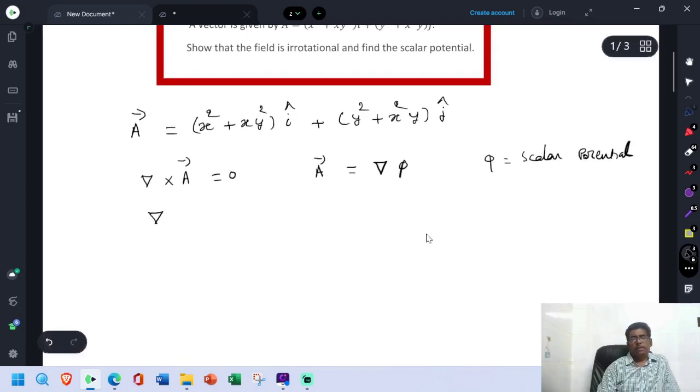Del cross grad pi equal to 0. From these two conditions, we may get an idea the vector A should equal gradient of a scalar function. Now we have to prove curl of the given vector equal to 0 and find the value of scalar potential pi.